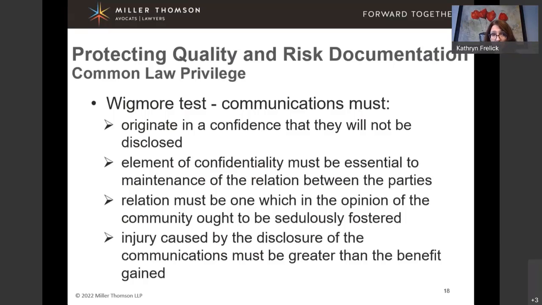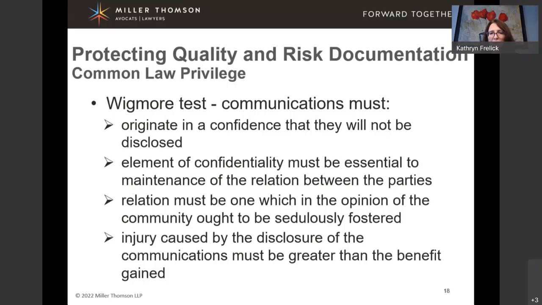So there are four criteria that must be met. This is often called the Wigmore test. And it's really about confidentiality at the basis of this, that it must originate in confidence, that the communications won't be disclosed.